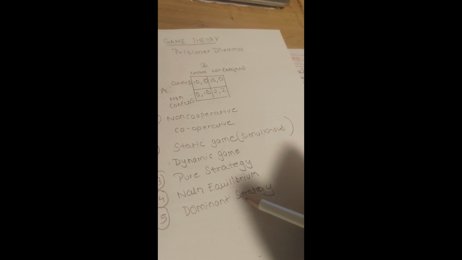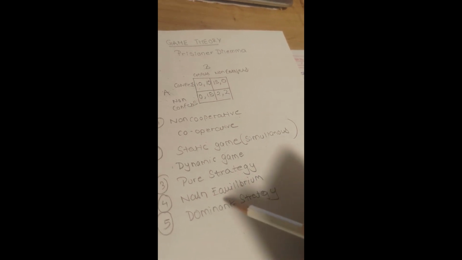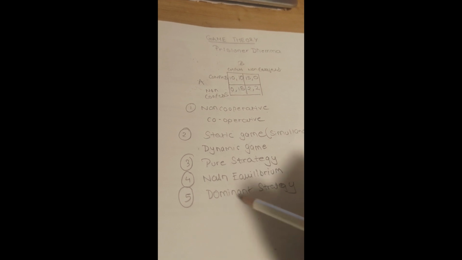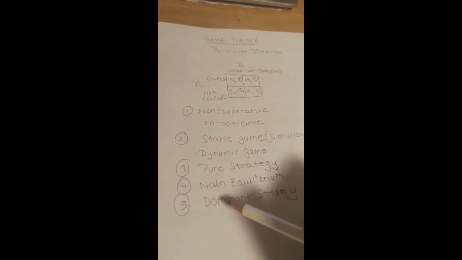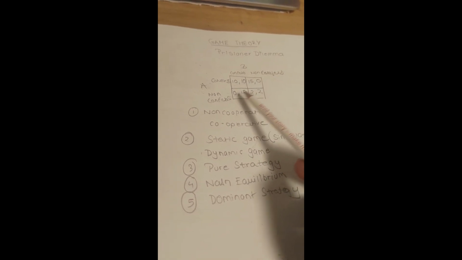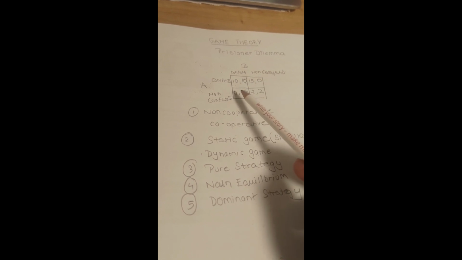The next is dominant strategy. The name itself tells that it's dominant. That means a strategy where the payoff or players are dominating in terms of their action.